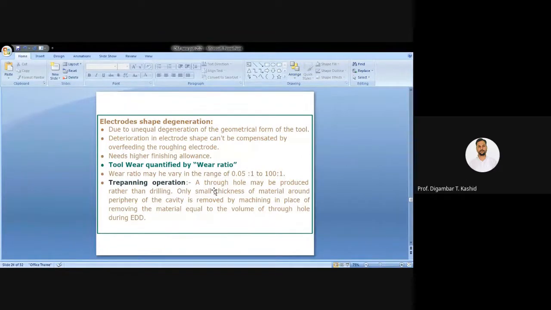Another operation is trepanning. In a drilling operation, the entire volume of material is removed.